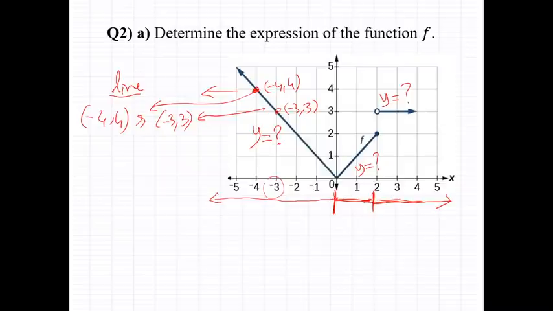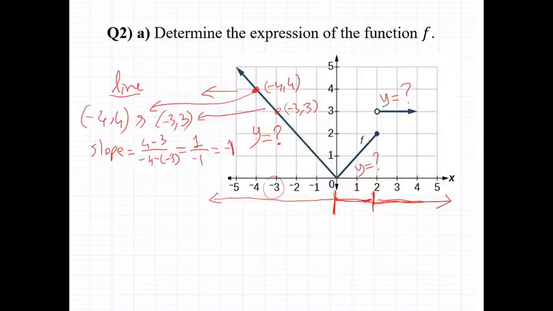Now if you are given two points, you can find the slope of this line. The slope will be 4 minus 3 divided by minus 4 minus 3. So it will be 1 over minus 1, so it will be minus 1.